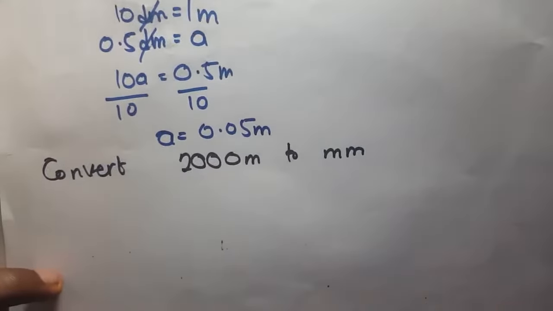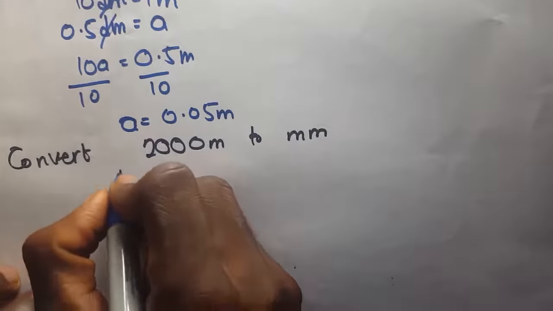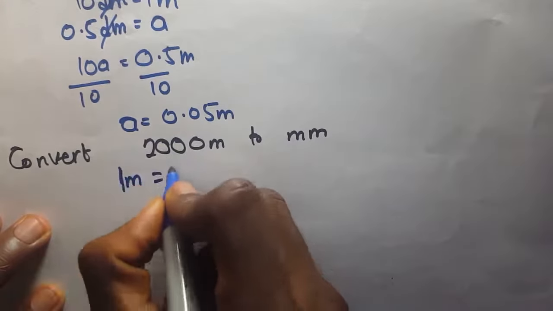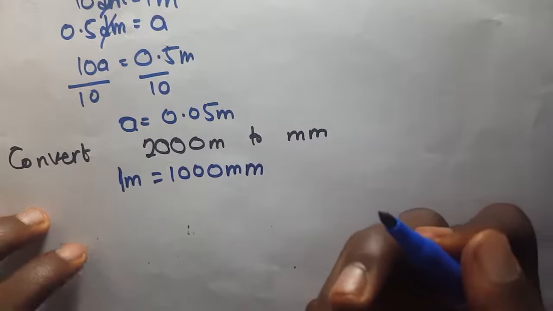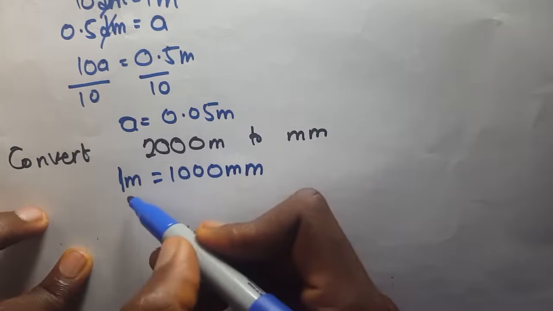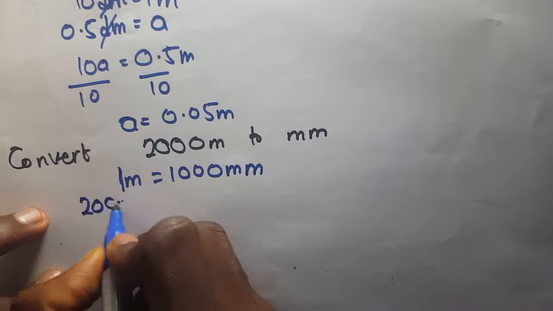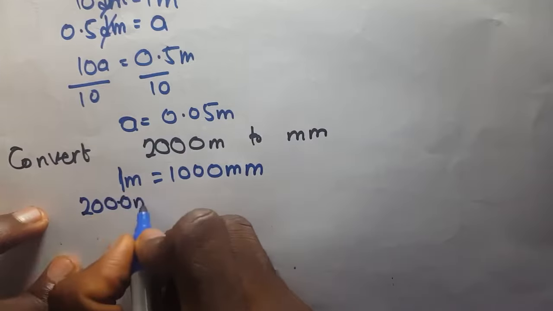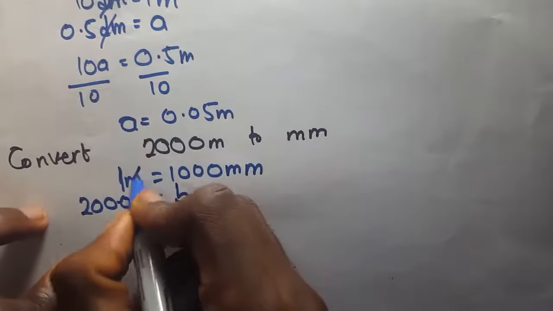Then our next one is convert 2000 meters to millimeters. 1 meter equals 1000 millimeters. So meter is going to be under meter here. 2000 meters equals, let's say B. Meter cancels meter.